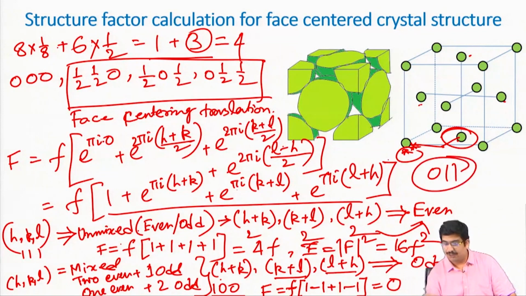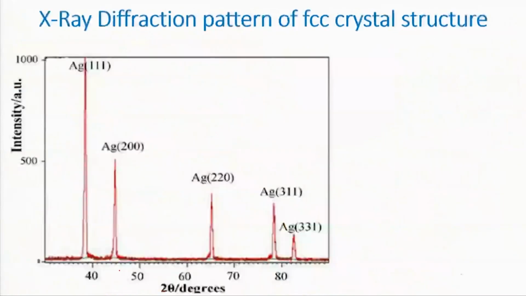Okay. So, you can check this also, 0 1 1, another mixed one. What should be the intensity? Cross check and verify whether that will be 0 or not. But basically what you understand is that in case of an FCC, a face centered crystal structure, you will be getting the first reflection from 1 1 1, not from 1 0 0 or 0 1 1, because both of them are mixed. So, this is the condition for an FCC.